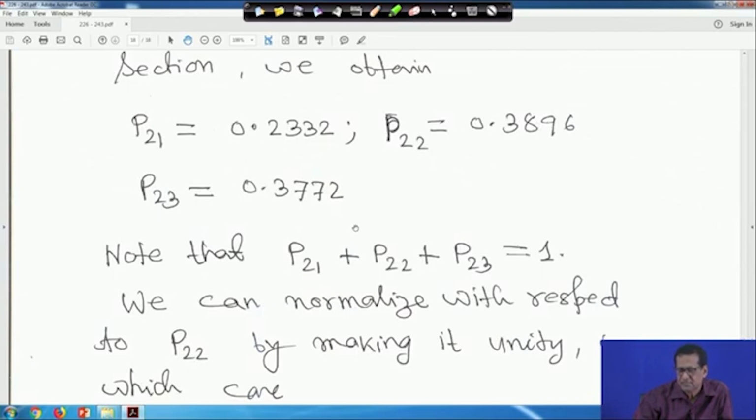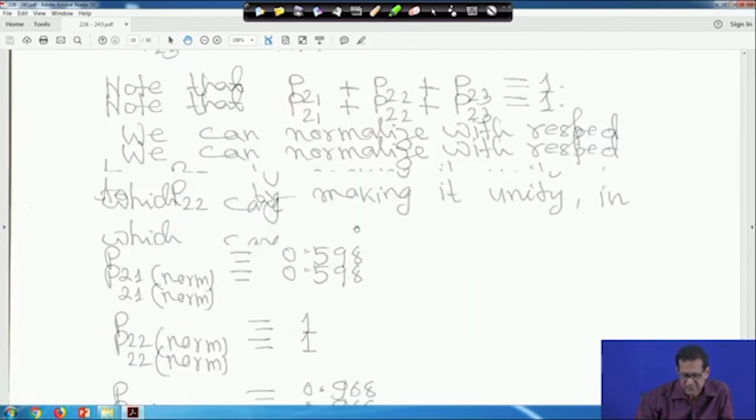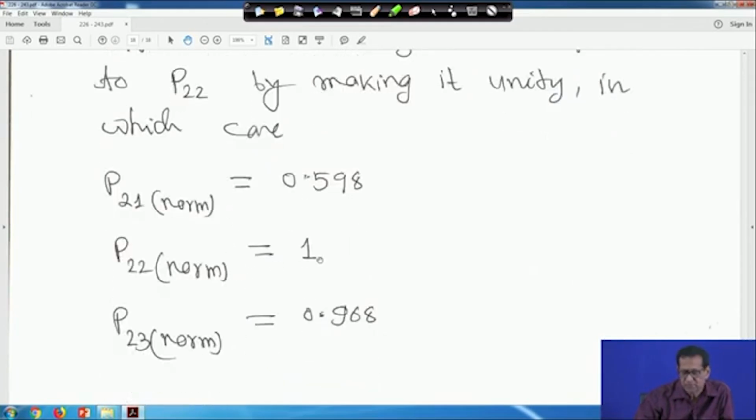So, divide everything by 0.3896. In that case P22 normalized will be 1, P21 normalized will be 0.598 and P23 normalized will be 0.968. This way one can find out.